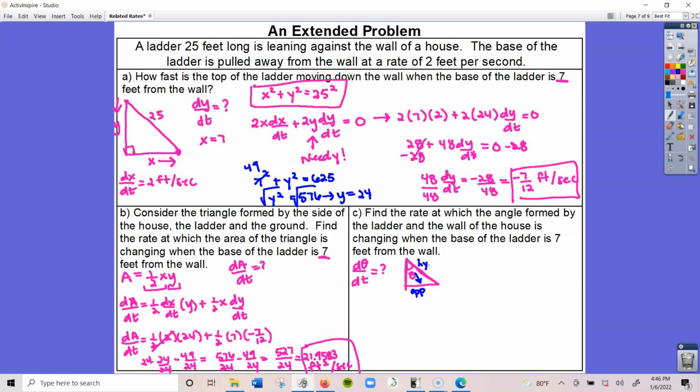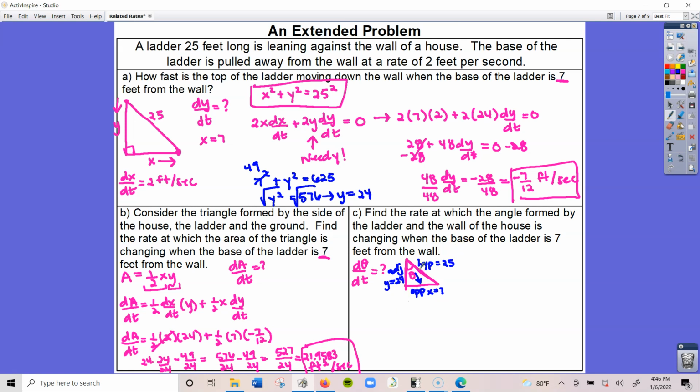This is always the hypotenuse, the diagonal. So this is going to be the adjacent. I have that x is equal to 7, y is equal to, at that moment, 24, and the hypotenuse is always going to be 25.